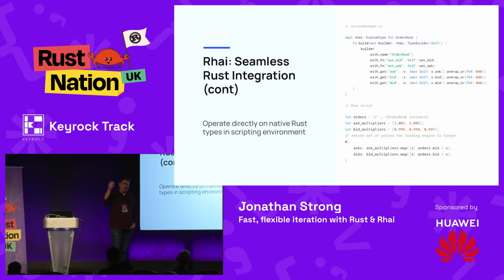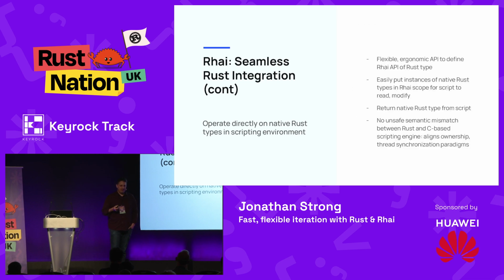And the back and forth, the wall between these two things, is pretty seamless. So there's a flexible, ergonomic API to define a Rhai API for your Rust type. You can easily put instances of the native Rust types in the Rhai scope for the script to read and modify. And you can return a native Rust type back to the Rust side of your code very easily.